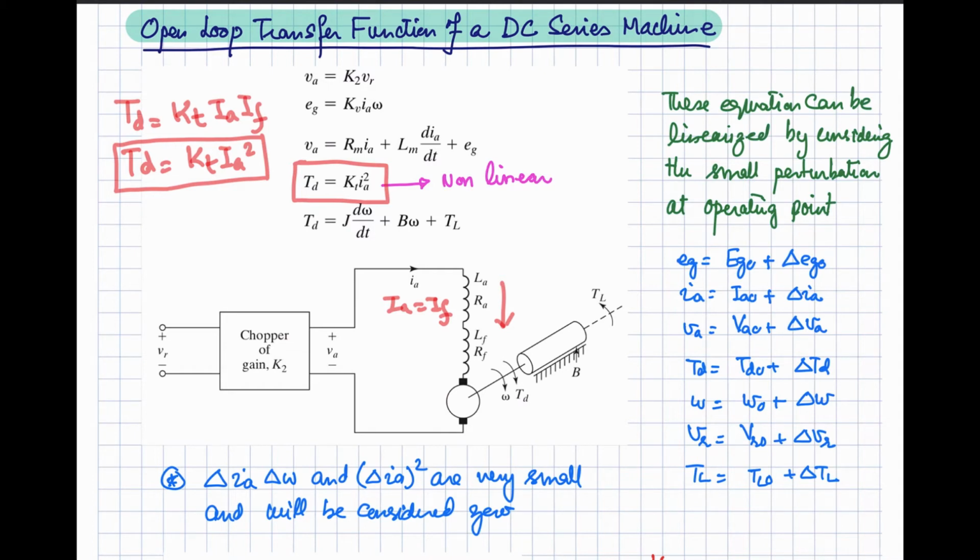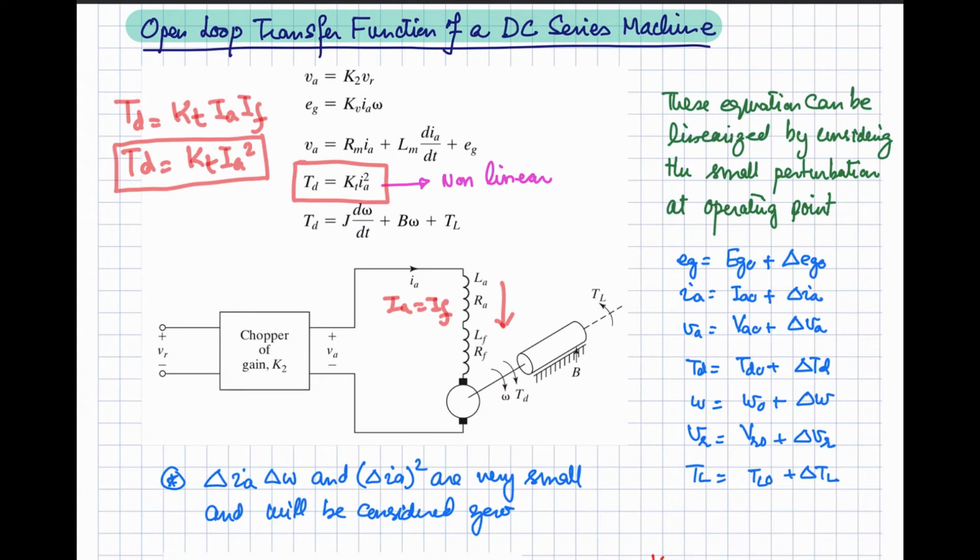So you can represent your Eg like this. Similarly, Ia will be represented by this equation. This is representing the change in current, a small perturbation at the operating point. Similarly, the armature voltage and the developed torque, speed, the reference voltage and the load torque. So we are going to consider a very small change across the operating point in these parameters.